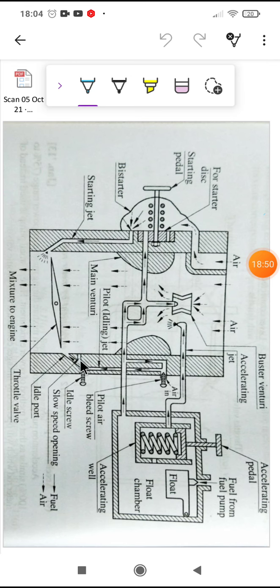As you can see here, there is a pilot jet. This is the pilot or idling jet.